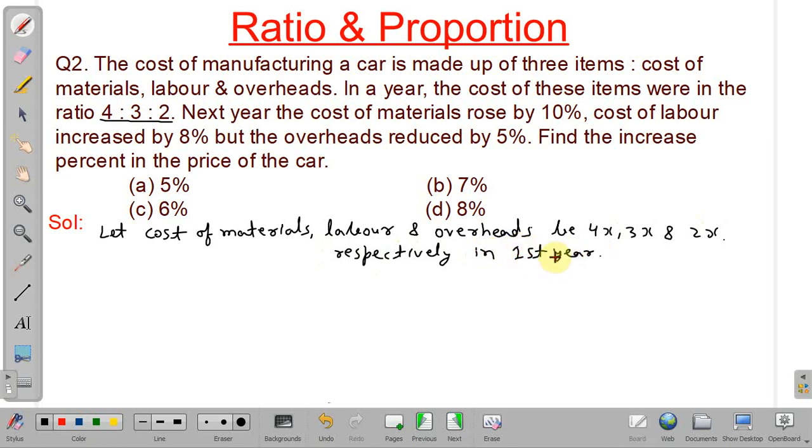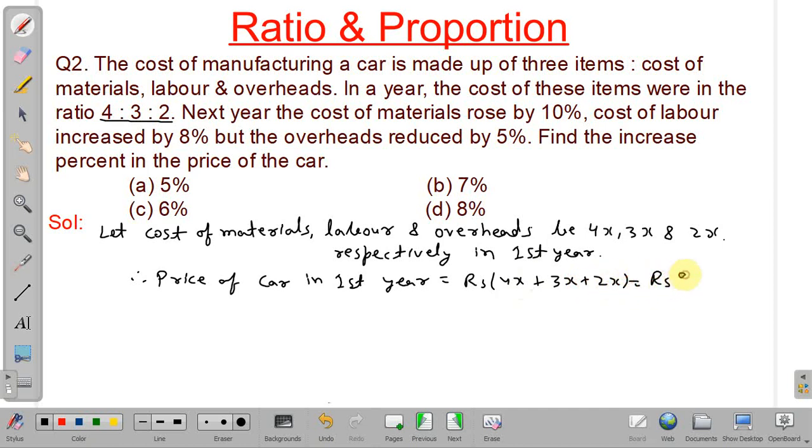So what will be the total price of the car? Therefore, the price of the car will be the sum of all these three. Price of car in the first year will be equal to rupees 4x plus 3x plus 2x, so it is equal to rupees 9x.